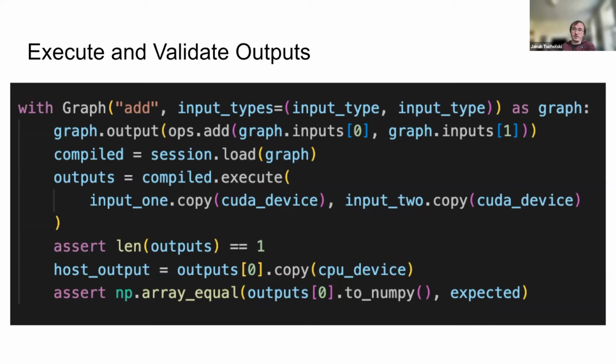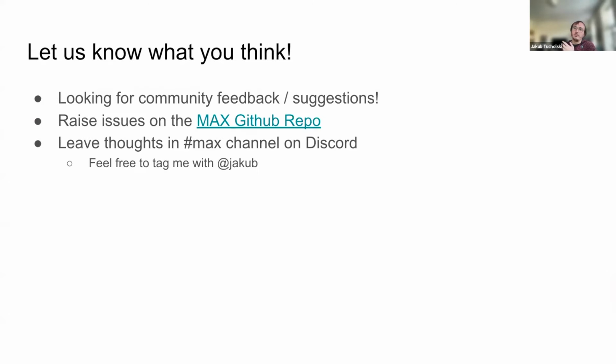The output itself is also going to be resident on the device, so we just have to copy it back to the host, and then just assert that everything's equal. So very simple. It basically gives you an interface that allows you to use a lot of operations that you would specifically have to use CUDA for, without ever having to touch the CUDA side of things, right? So yeah, that's really what we have.